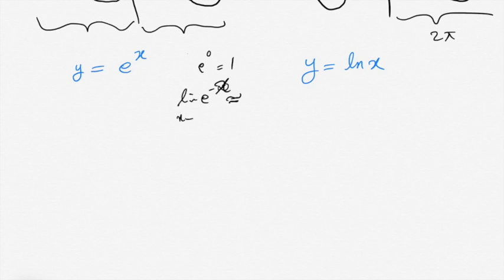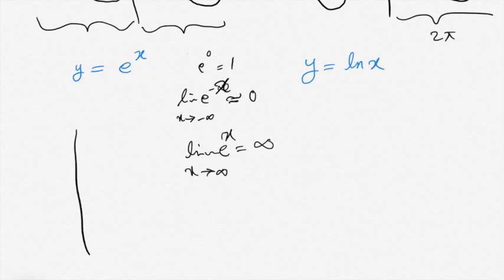I mean, you can say that the limit of it when x is going to minus infinity is going to be like 0. And you can again take this limit when x approaches positive infinity, and it's going to be infinity.